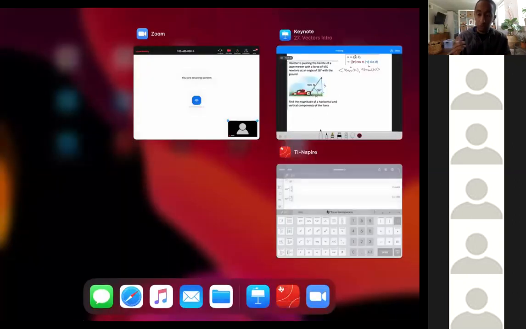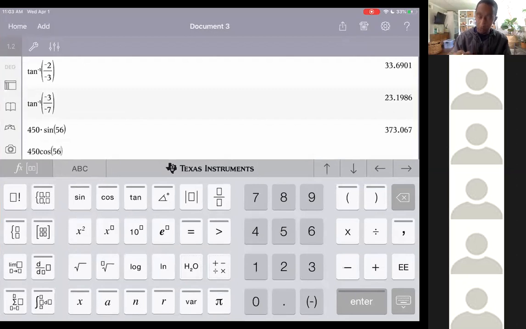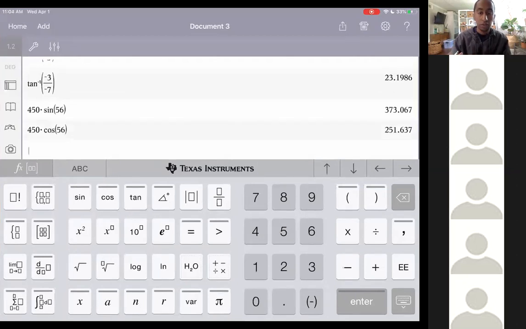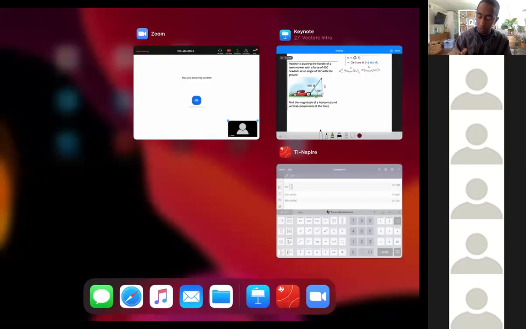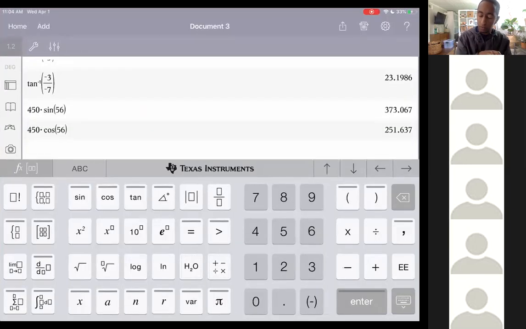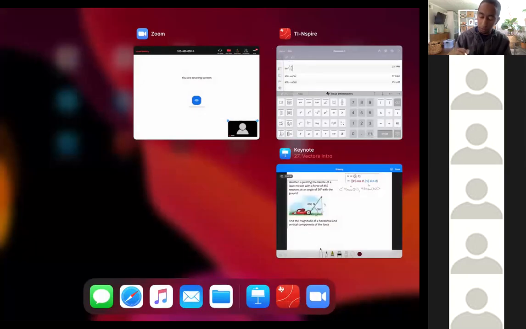So then you would use a calculator for that. 450 times sine of 56 and 450 times cosine of 56. And so, wait a second, did I do something wrong? Oh, no, okay, that's good. 373 and 251. 373.